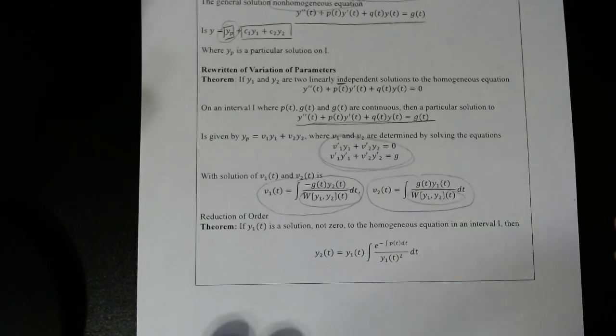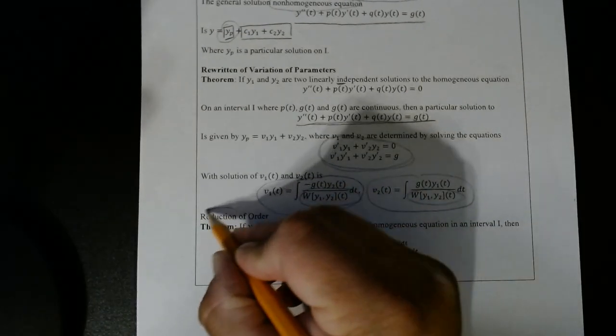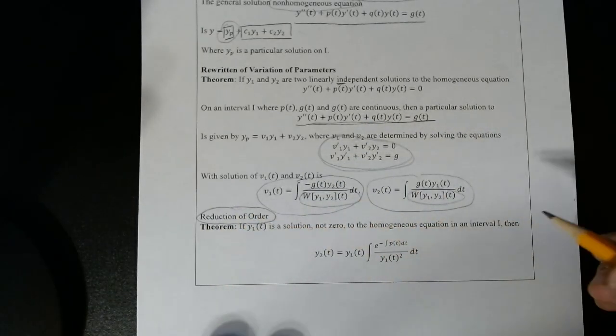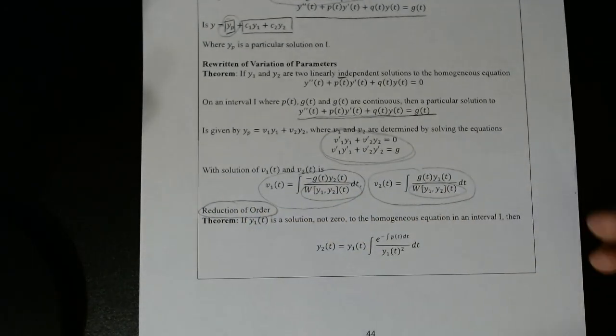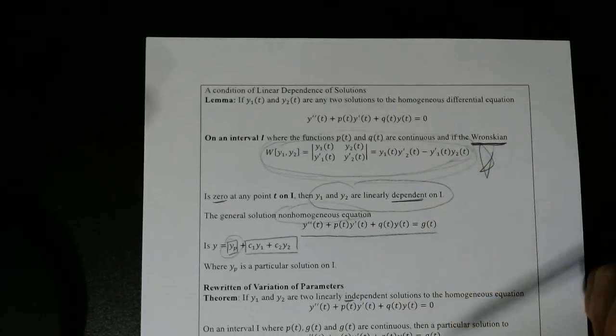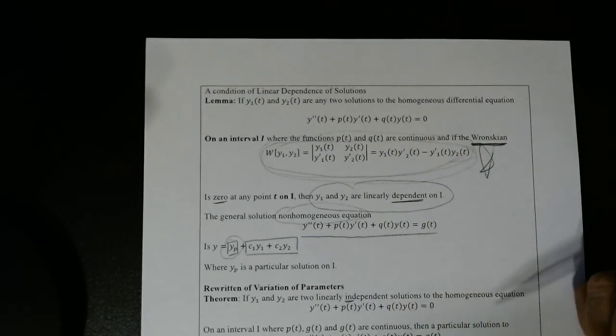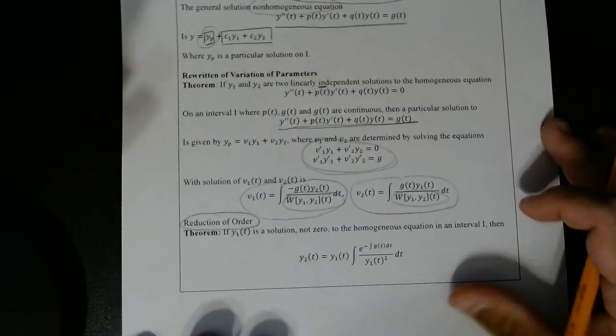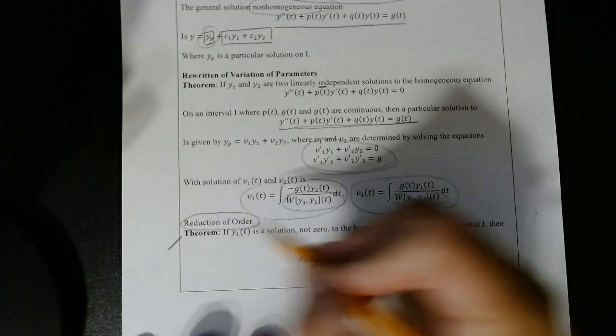So therefore, we have a very interesting reduction of order process. Is if y1 is a solution, well, how do I find another one without having to do all of this work? Because sometimes, solving for the homogeneous part could be a painful thing, right? So if we're already given 1 to begin with, this is a nice theorem to find the other one.